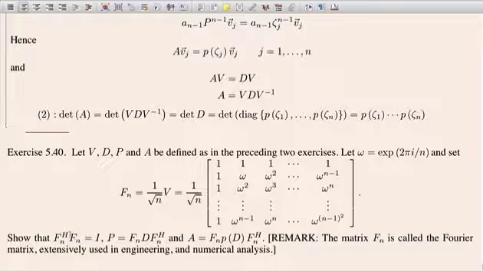So that means that the inverse of the F matrix is just the Hermitian transpose. And we also have that P equals Fn times D times Fn Hermitian. And we also have that A equals Fn times the polynomial evaluated at the D matrix times Fn Hermitian.